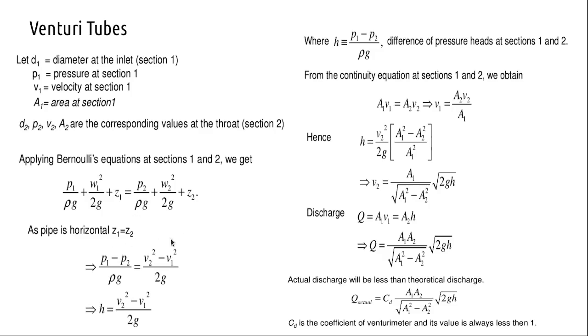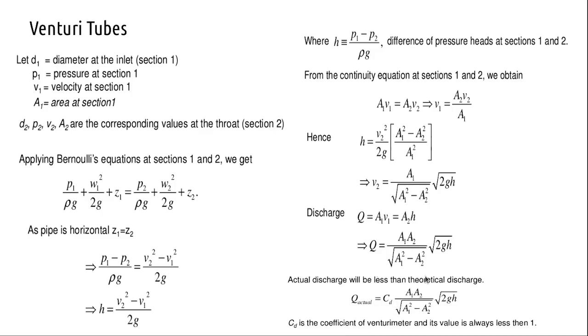Z1 equals Z2, the pipe is horizontal, so you will just have an expression in terms of the difference of the pressure heads at the two sections. So rearranging these terms and expressing in terms of the continuity equation. The continuity equation basically states that the volumetric flow is constant, that is cross-sectional area into velocity will be constant. So you get an expression for V1, you make a substitution, and finally we end up with this expression.